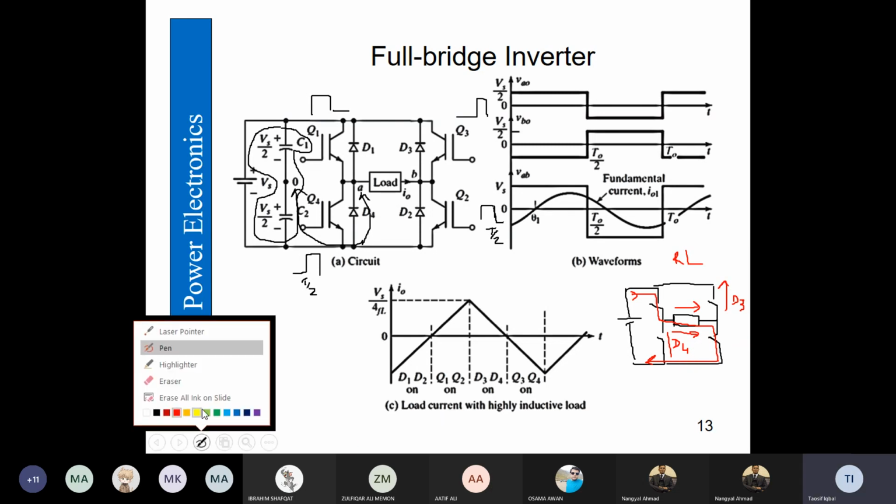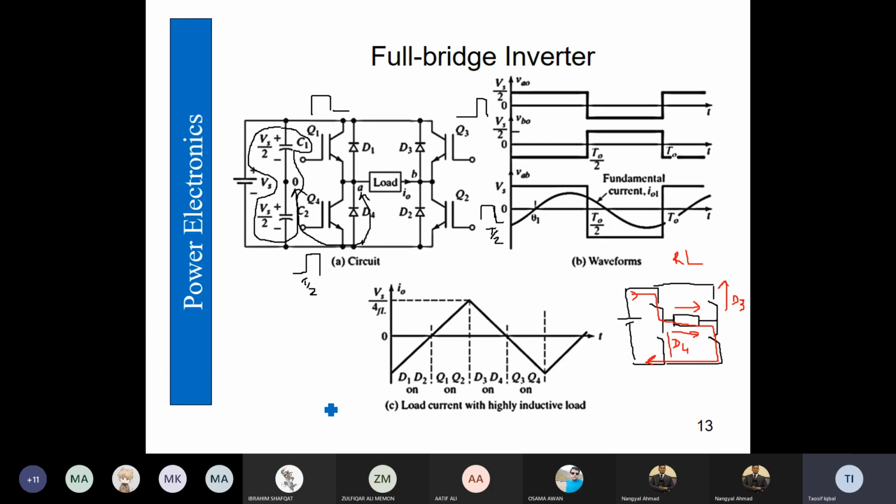Similarly, if we want to get a negative cycle, then the negative cycle is going to be coming from Q3 and Q4.